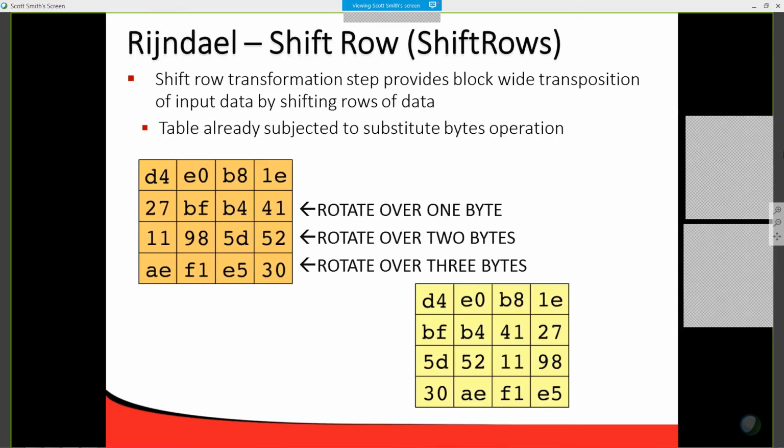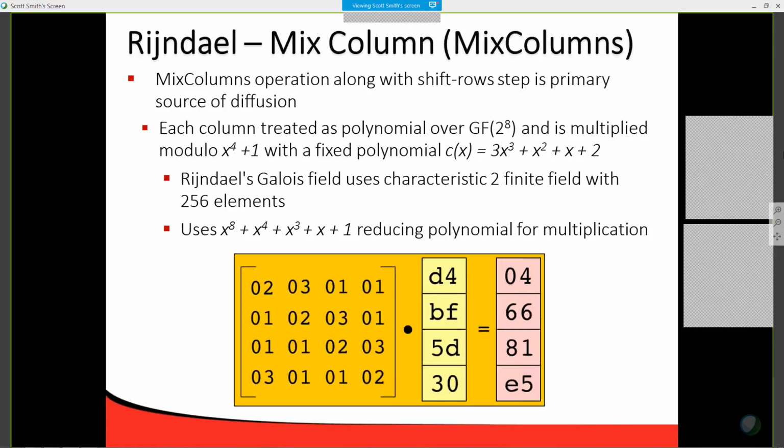Now the mix columns function is a little bit more complicated because we use polynomial math to do it. It took me a while to figure this one out because it's not really documented very well. And I'm not going to go through it with you guys because you're not in the CISSP class, but it's just mathematics, right?